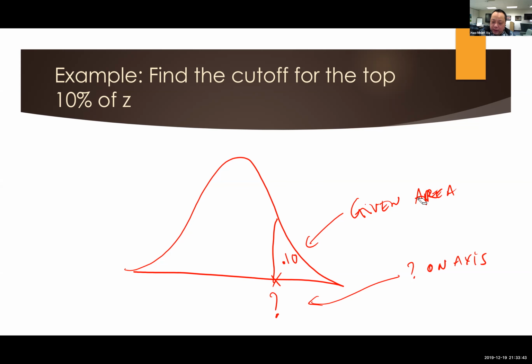Well, one thing we do know though, is that as far as the table is concerned, it deals with the area to the left all the time. Right now, we're given the area to the right, so we're going to switch it. We're going to compute what area is to the left. If it's 10% on the right, then over here is 90%, so 0.9 over there. So the area to the left is 0.9.